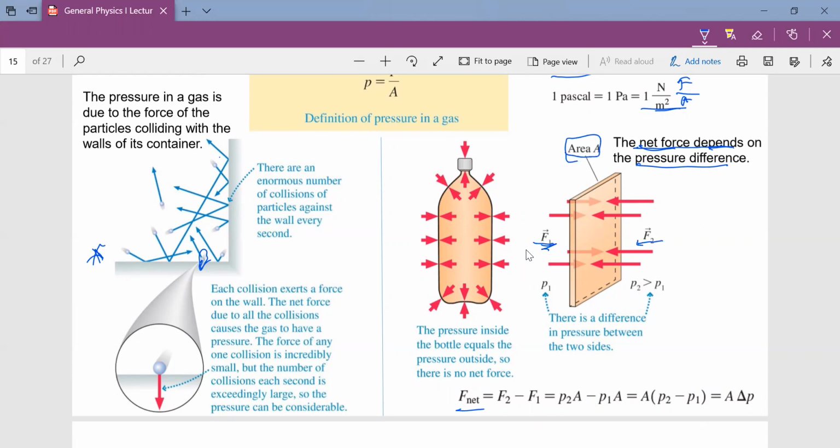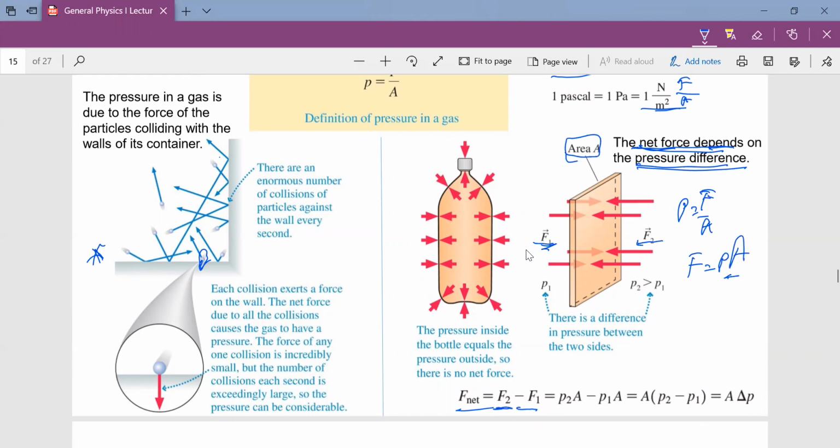Therefore the net force is going to be F2 minus F1. Remember, net force depends on pressure difference. If we make F the subject of the formula from P equals F over A, it is pressure times A.